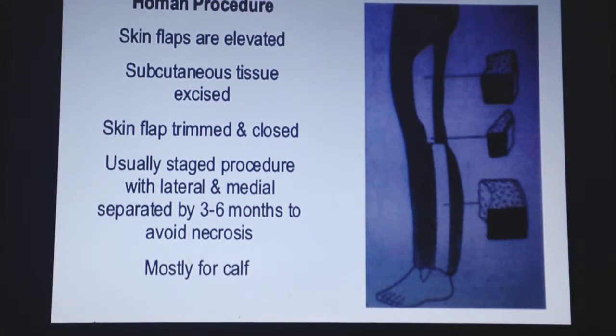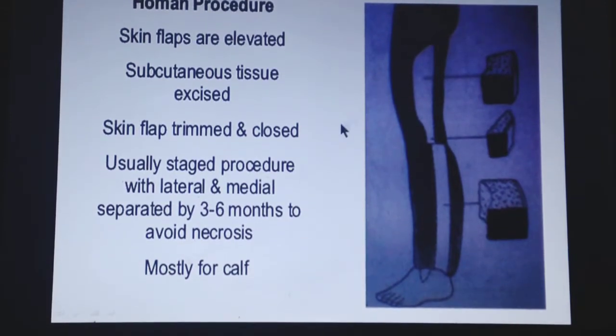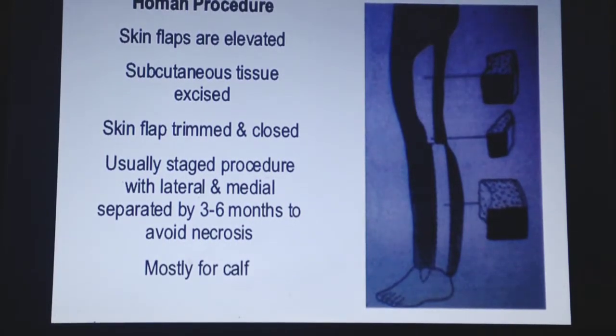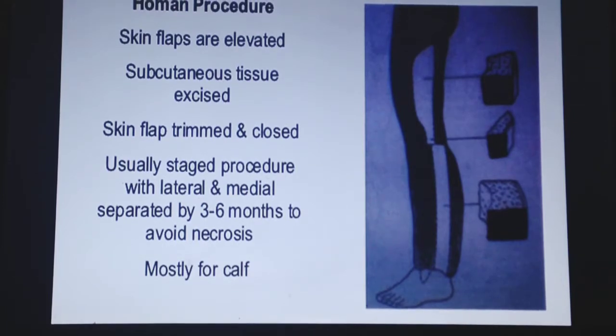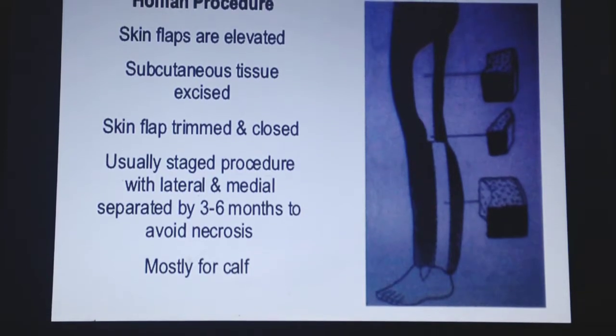Then we have the Homans procedure. In this, the skin flaps are elevated, as you can see, and the subcutaneous tissue is excised, and the skin flap is trimmed and closed. Usually staged, with lateral and medial separation by 3 to 6 months to avoid necrosis. Mostly, this is done for the calf.